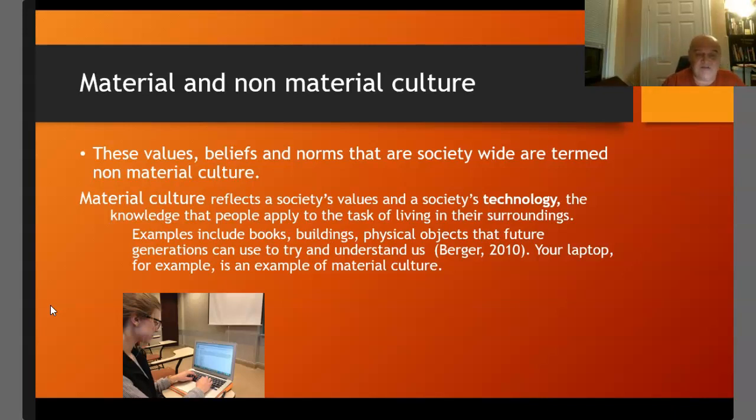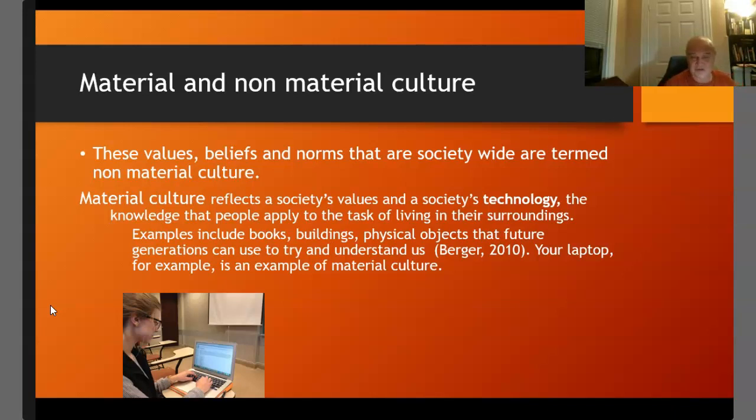Now, technology is whatever people apply to manipulate their physical environment in terms of living in their surroundings. Examples include books, buildings, physical objects that future generations can use. That's what archaeologists uncover. Your laptop, for example, is an example of material culture.